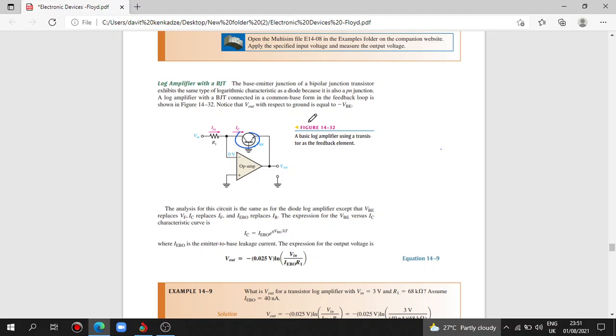Notice that Vout is minus the base-emitter voltage, because this is inverting and this voltage is here.